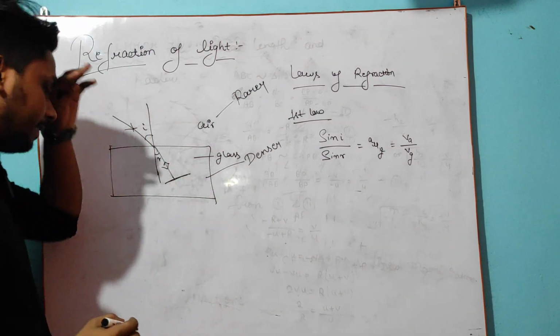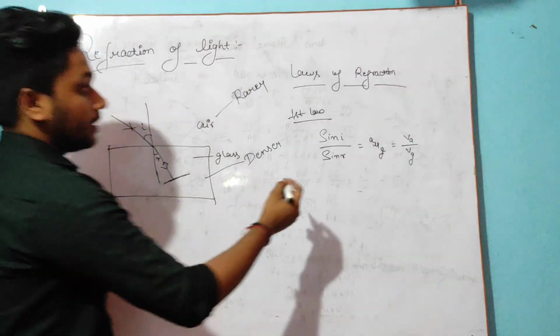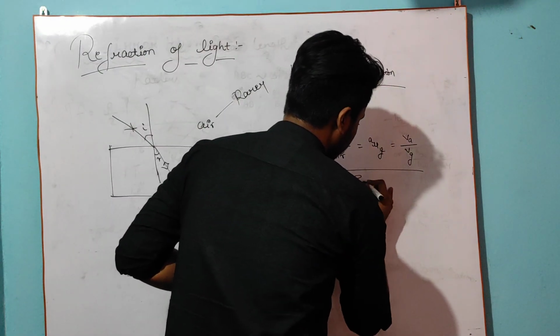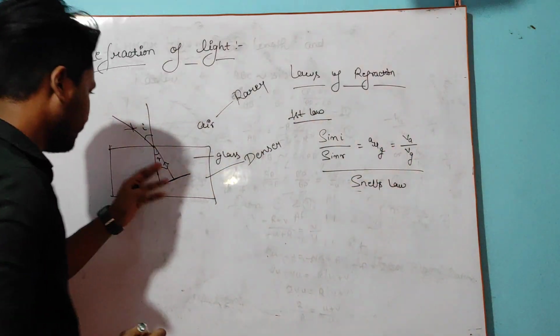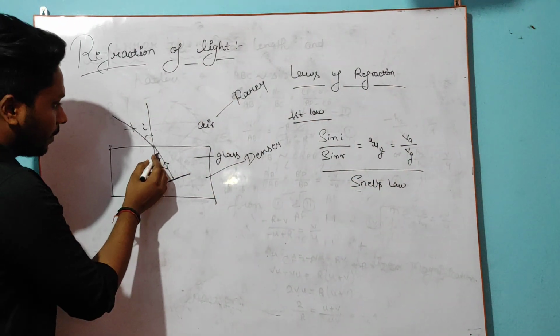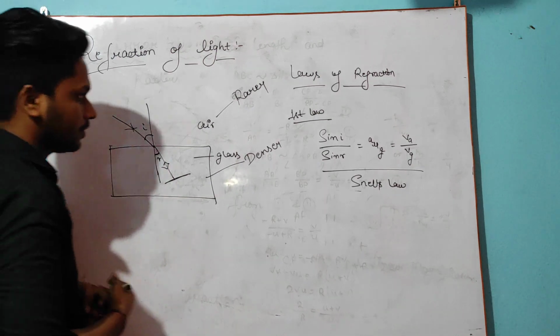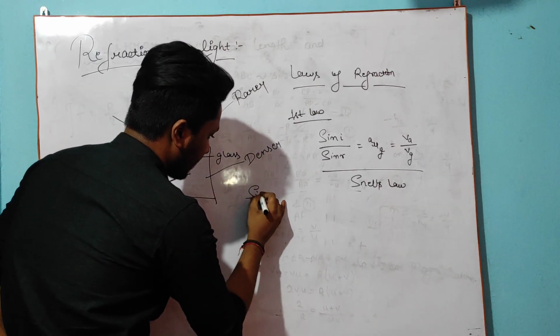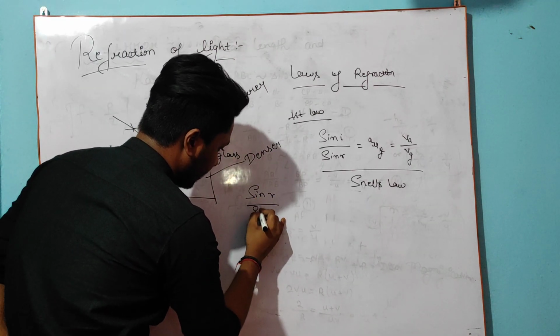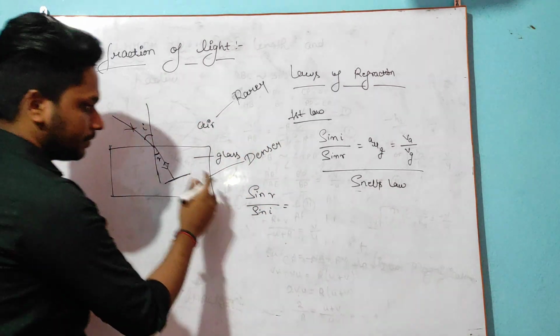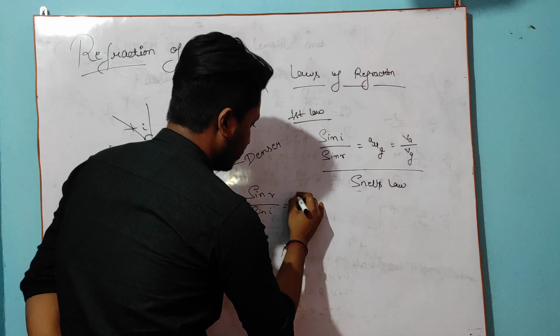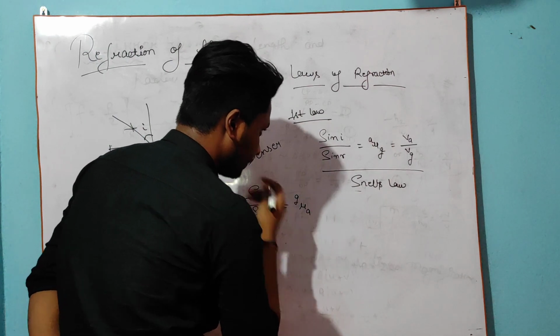Now, if we apply Snell's law, this is what we call Snell's law. Now this becomes the angle of incidence and this becomes the angle of refraction. Then sine r upon sine i is equal to g mu a.